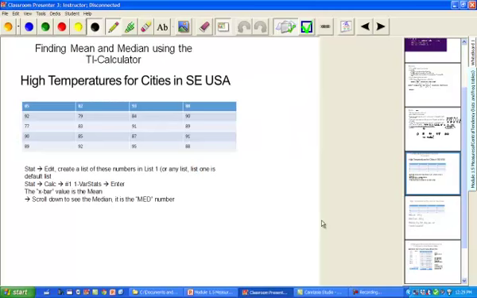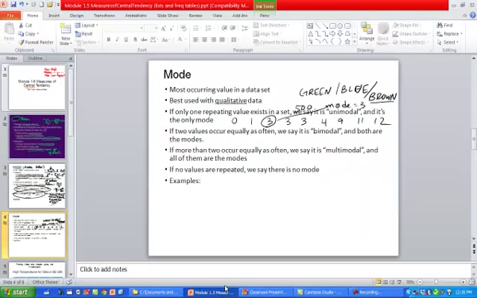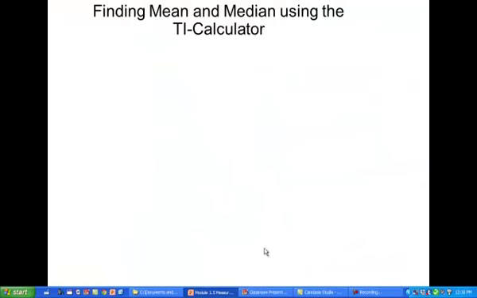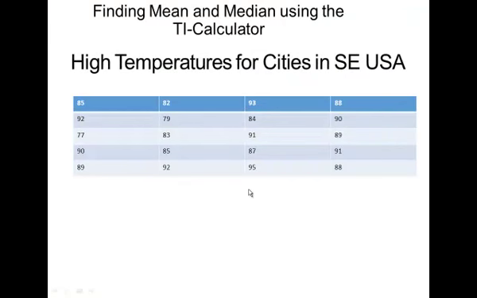Okay, so we can use an example to find the mean and the median using the calculator. So to find the mean, what would we have to do here? To find the mean, we would have to add up all of those values and then divide by what number?